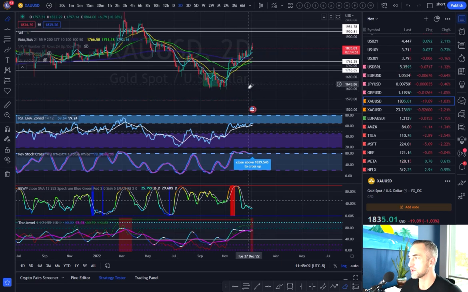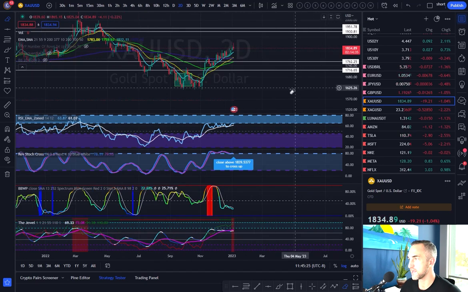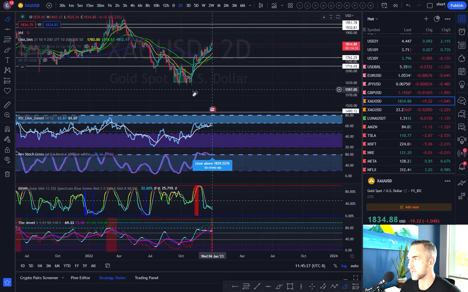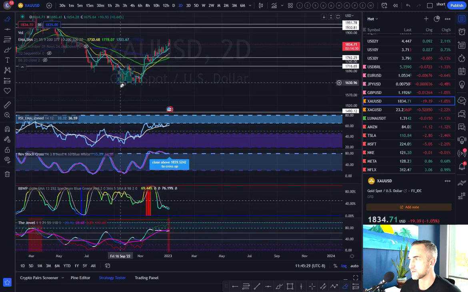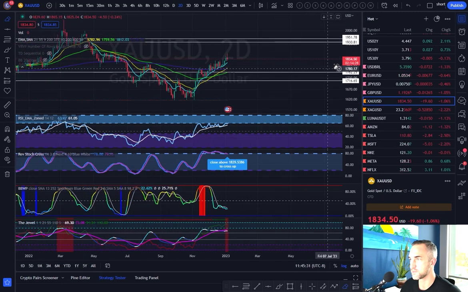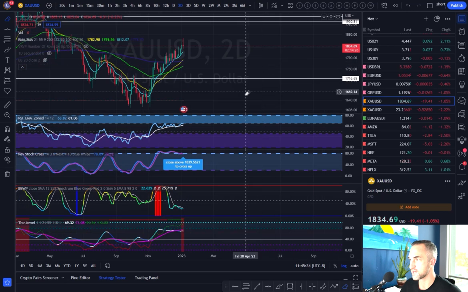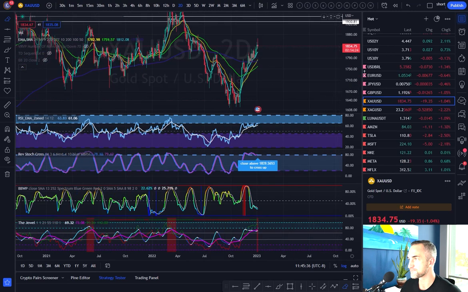So if the dollar does pop back up a little bit here, where could we potentially expect gold to come back down and retest? Well, previous resistance becomes support, and this is what I would say. Previous resistance becomes support. So we've got these areas right here.